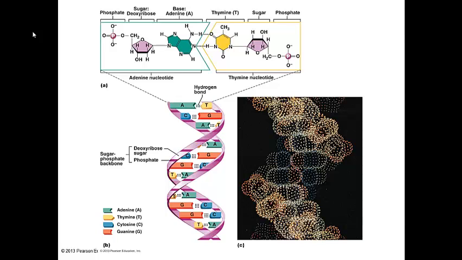So we have little building blocks, little units that we create when we create our nucleic acid. There's phosphate, some kind of sugar attached to something called a nitrogenous base.